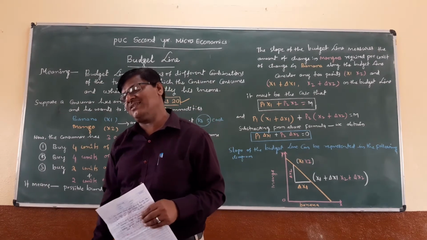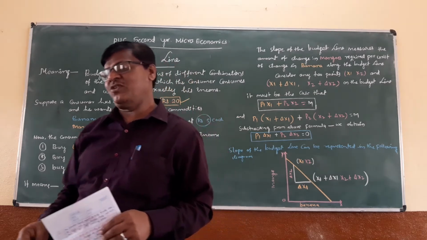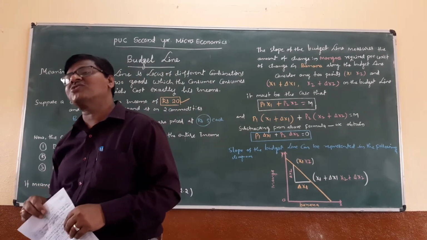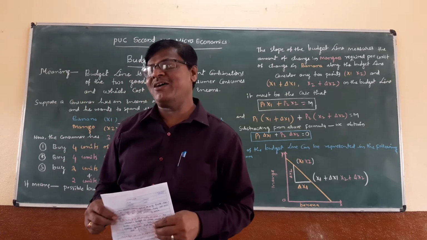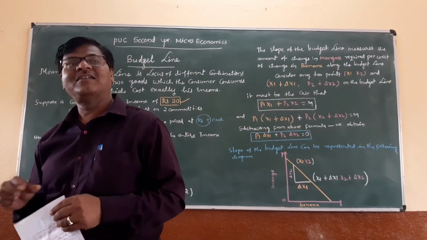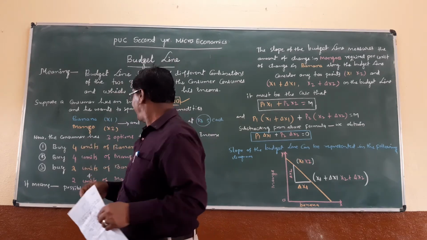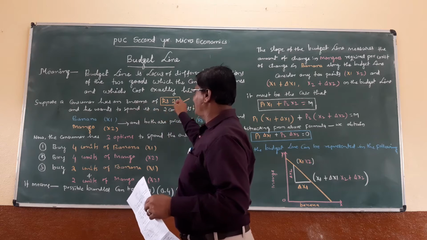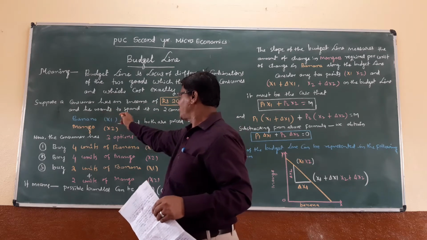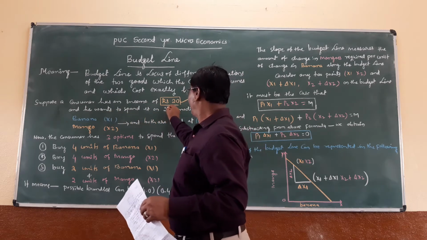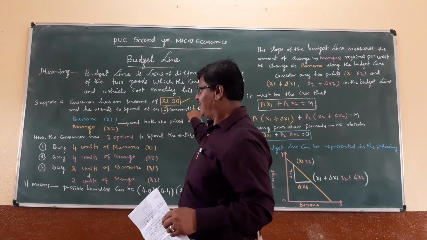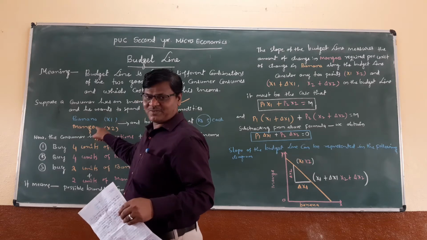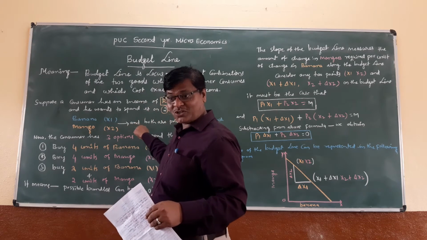With the 20 rupees, he has to buy two goods, namely banana X1 and mango X2.